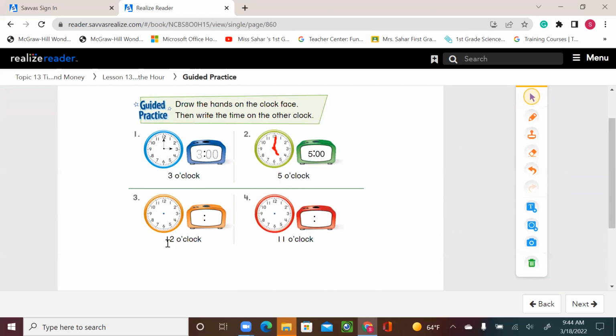Number 3, 12 o'clock. This is fun because now I have to point my 2 hands, the minute and the hour, toward the 12 because they're both saying the same number. So let's do this. This is my short hour hand, and then that's that. I know it's not clear, but I'm sure you can do better than that.